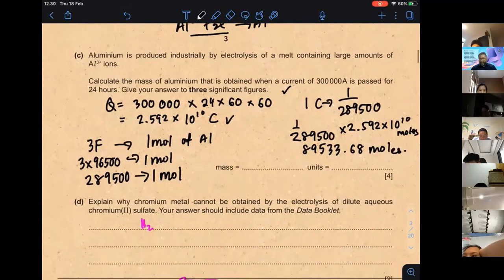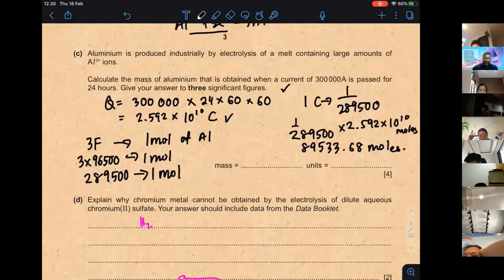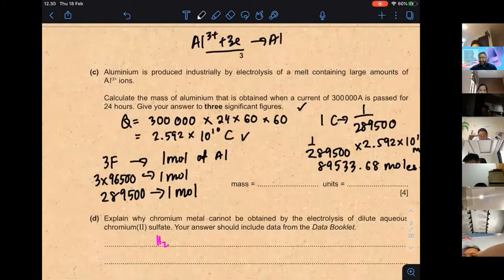Then you need to change it into mass. So aluminium, the Ar for aluminium, you need to find out. Aluminium is 27.